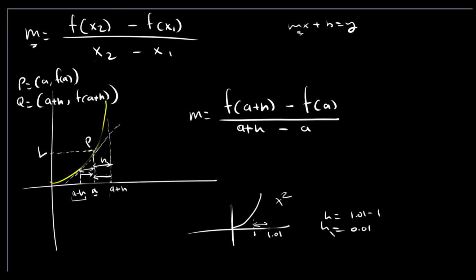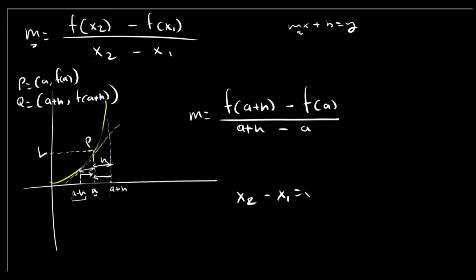This is my h. So this is just taking an example, right? This is basically the distance between my x2 minus x1, which is equal to my h. So if x2 minus x1 is equal to my h, then x2 is equal to x1 plus h, right?